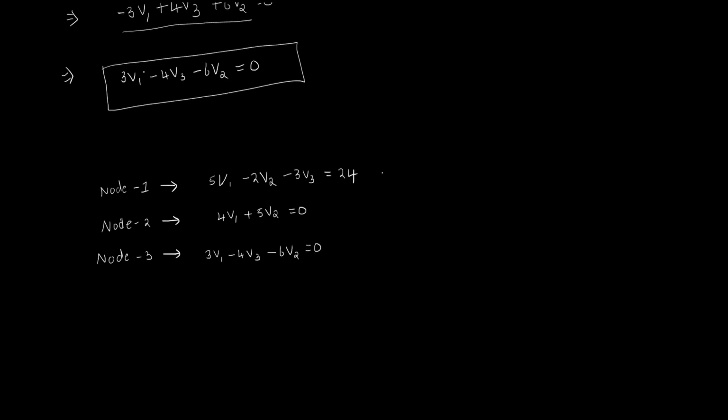Now by solving these three equations, we obtain the values of V1, V2 and V3, which are our required answer. We can solve these three equations either by using the substitution method or by using Cramer's rule.